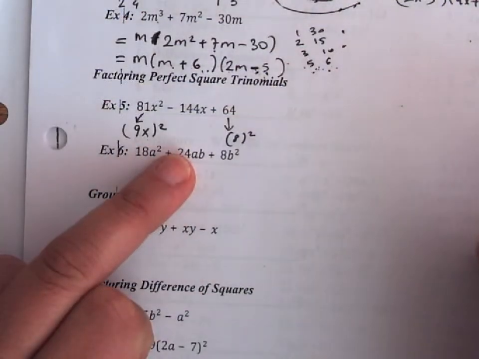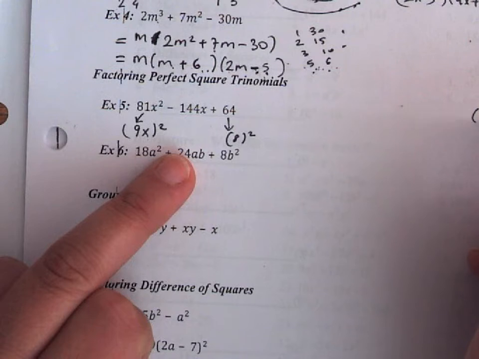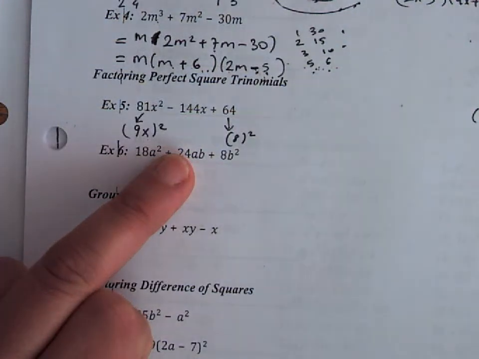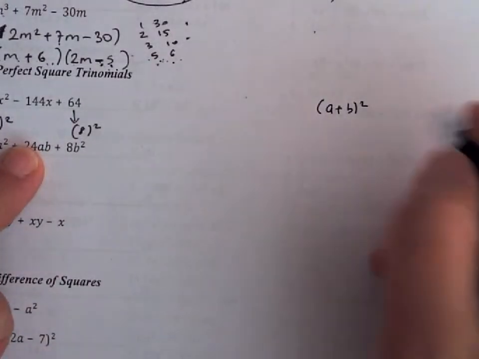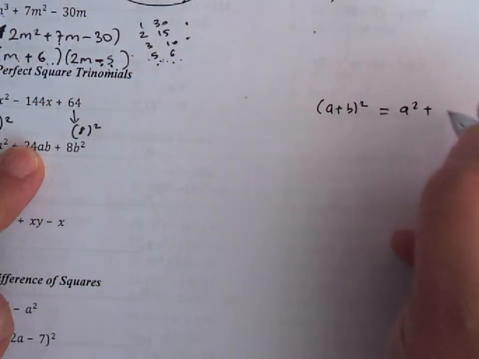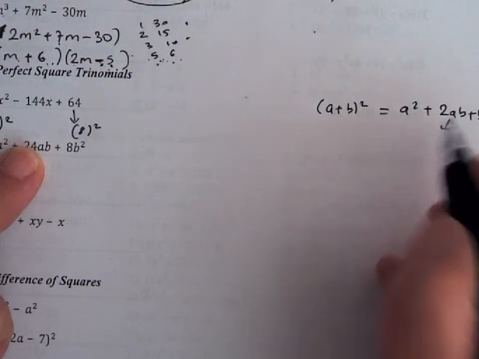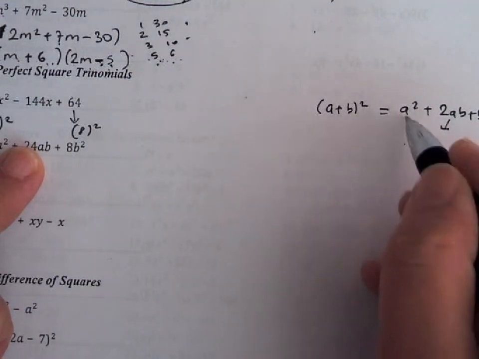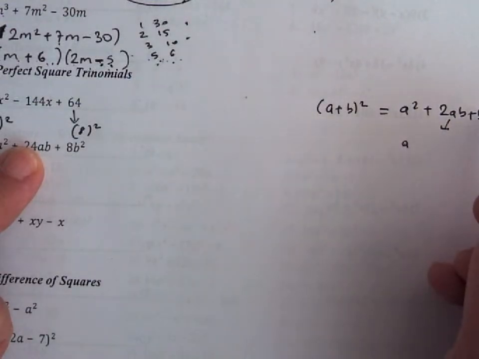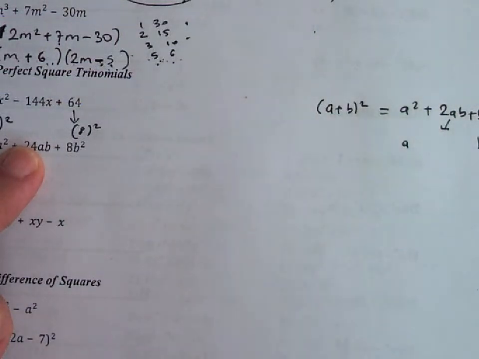Okay? Because let's remember, let's say you have a plus b squared. How do you factor that, right? A squared plus 2ab plus b squared, correct? So how do you get the middle term? You multiply the square root of the first term, the square root of the last term, and you multiply these by 2, right?